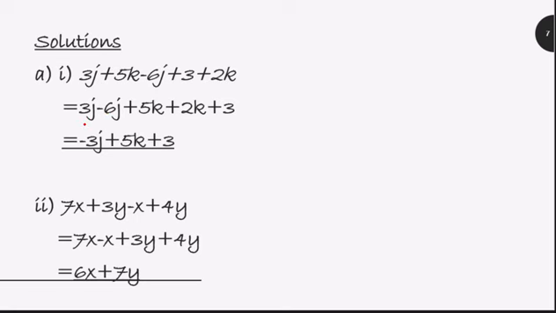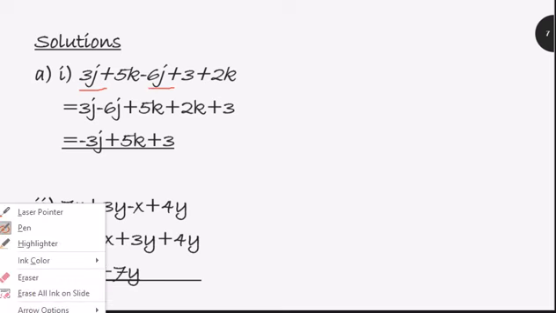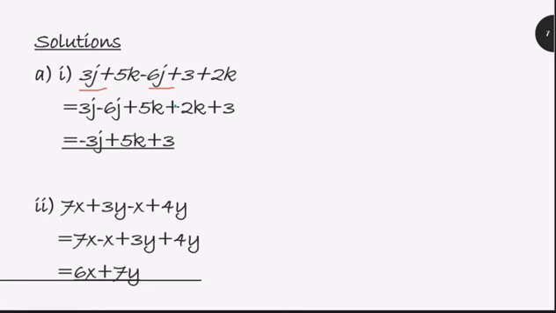Here we're going to collect like terms. You collect all the terms with common letters and put them together as usual: 3j and 6j, then in the same way 5k and 2k.